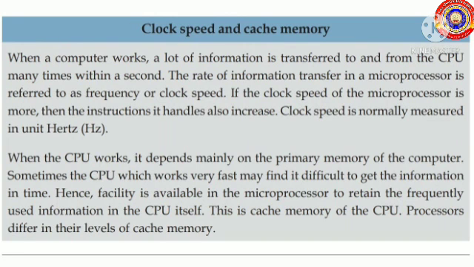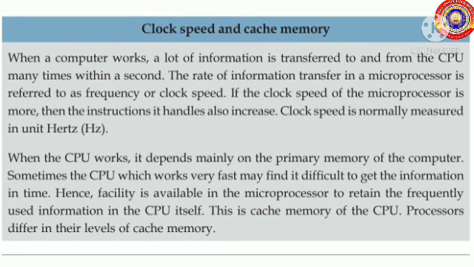It is a memory seen inside the CPU itself for the speedy transfer of data to and from the CPU. That is, in the case of highly efficient microprocessors, its working speed may be very high.